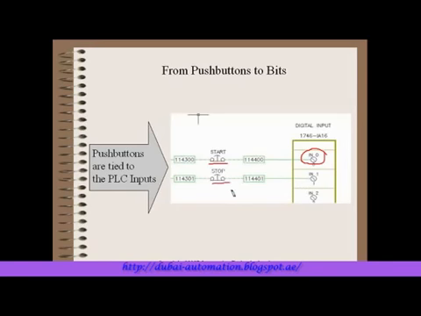So both our start and stop push buttons from our previous example come in to an input card, and then they can be used and processed, and we'll see that later when we get into the PLC program. They can be manipulated inside the PLC program.